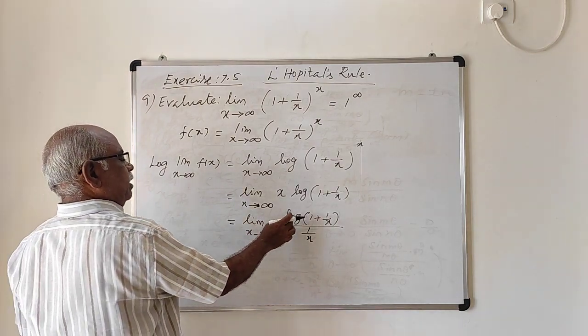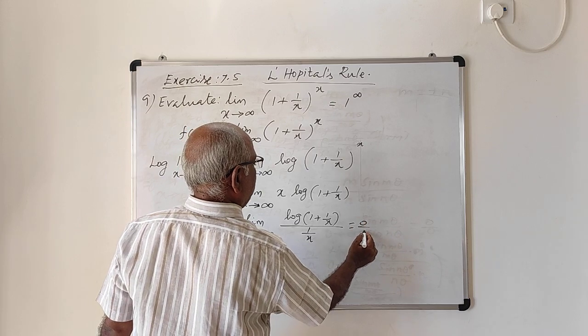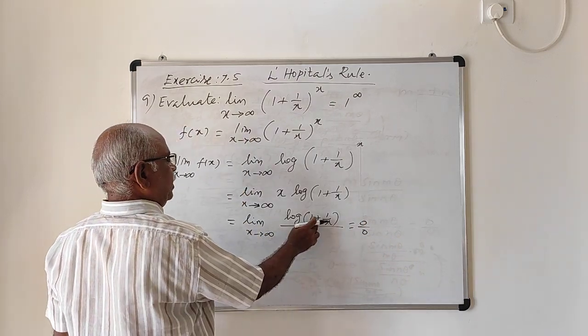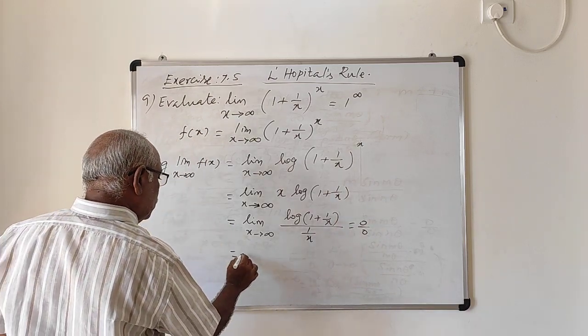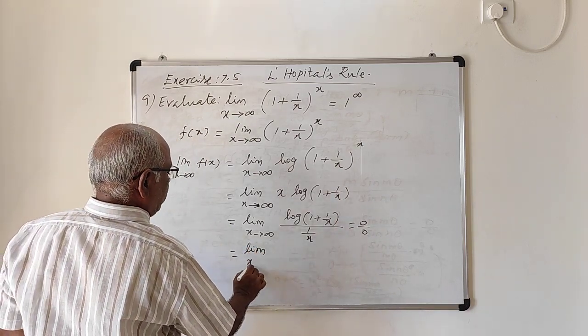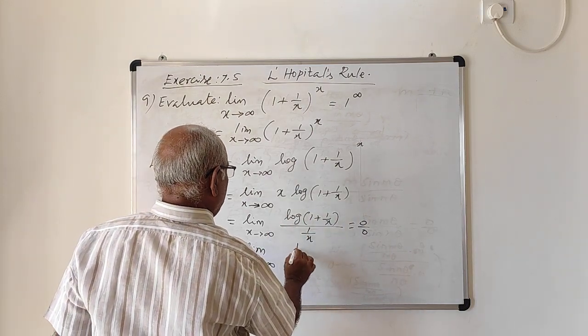If you apply the limit here also, log 1 is 0, 1 by infinity is 0, so you get 0 by 0, an indeterminate form. By L'Hopital's rule, we eliminate this indeterminate form.